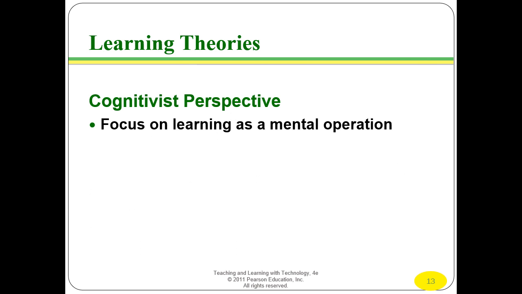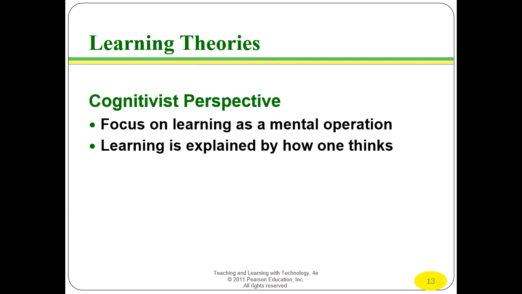Now, let's look at another group of people who have a little different perspective on learning. This is the cognitivist perspective. They look at learning as strictly a mental operation. What's going on inside our brains, between our ears. Learning from that point of view is explained by how somebody thinks.